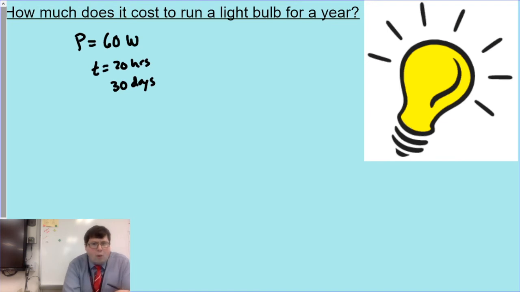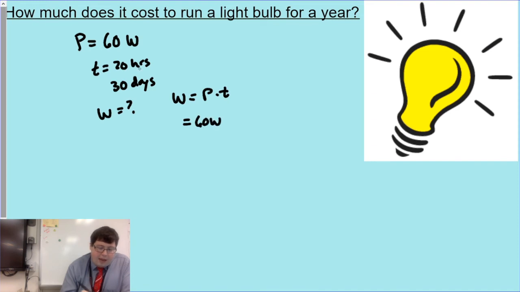Well, to do that, we need to know how much energy we're actually using. We want to find the amount of energy there. Well, we know that energy is power times time. Our power is 60 watts, and our time is 20 hours for 30 days, which would be a total of 600 hours for our entire month.